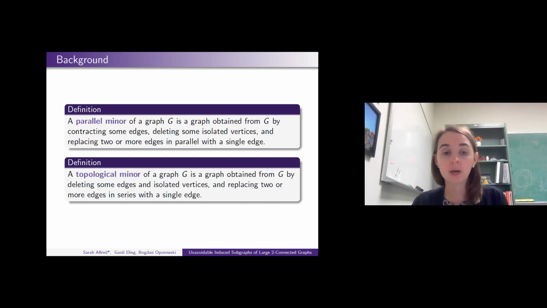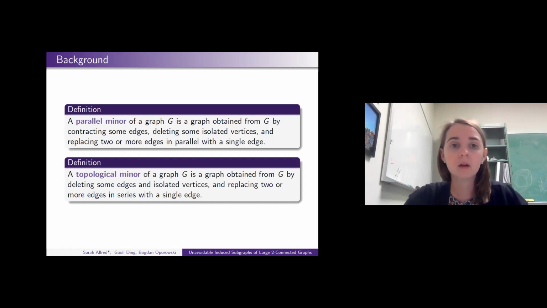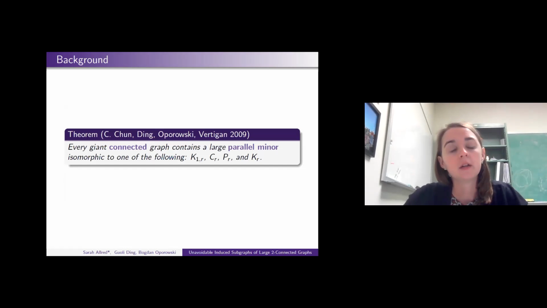We have topological minor results. If we can have parallel minor results, then that could give us hope that maybe there's some matroid-type result, and the hope of matroid results is appealing. All right, so for parallel minors, Carolyn, Chun, Ding, Oporowski, and Bertigan proved some results.